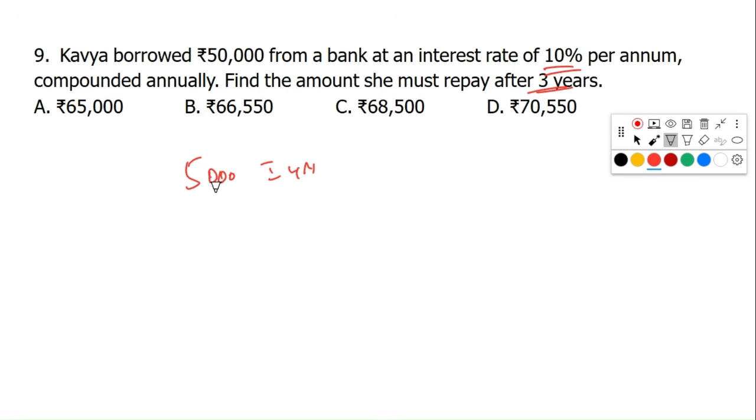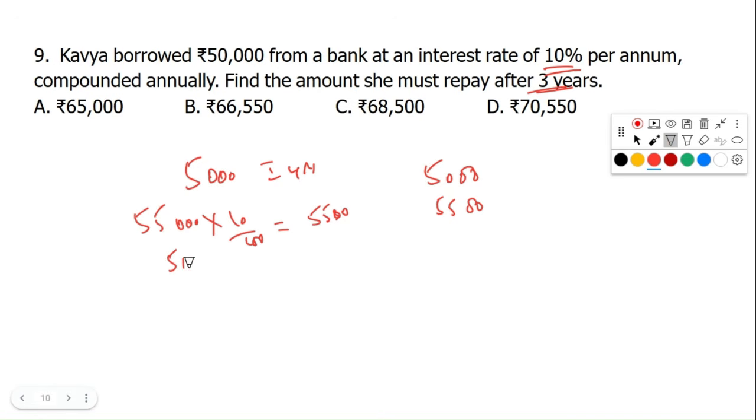Second year you will add this back, so you will be calculating on 55,000, say 10%, which is equal to 5,500. So your amount now will be 55,000 plus 5,500 you are adding here.